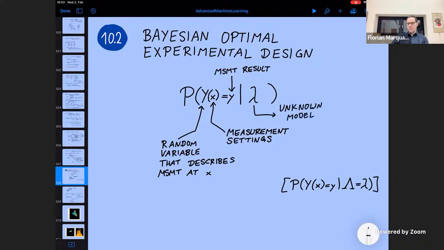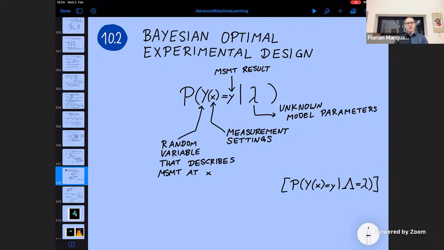But of course, the outcome of the experiment also depends on the choice of your measurement settings. So that may be some voltage that you can set, or some mechanical parameter like the velocity of a particle. You can choose that for your measurement. And of course, the measurement result will depend on both the unknown model parameters and also these measurement settings that here we call x. And so this conditional probability to get a certain measurement result, given the setting and given the model parameters, this is the input that we will need that describes our model.